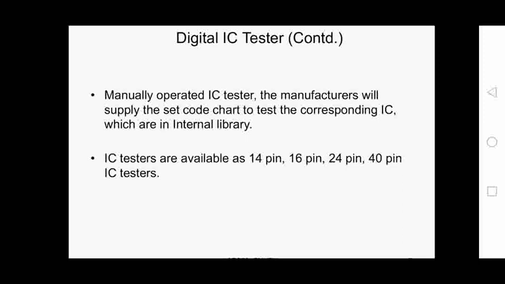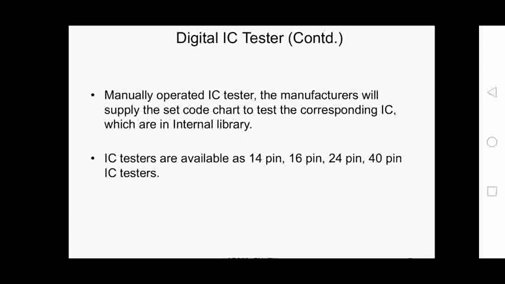To check those ICs, we will have different types of IC testers available in different sizes, like 14 pin, 16 pin, 24 pin, 40 pin. Nowadays you will have 80 pin, 64 pin, 128 pin IC testers. Based on the requirement of the user, we will have a different IC tester to test each pin of the ICs.